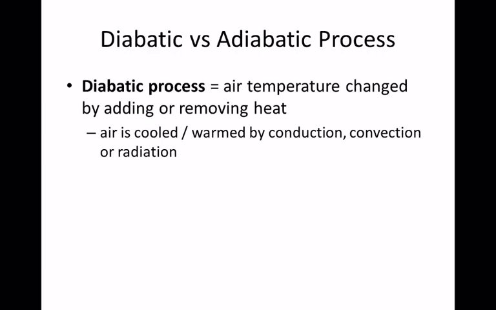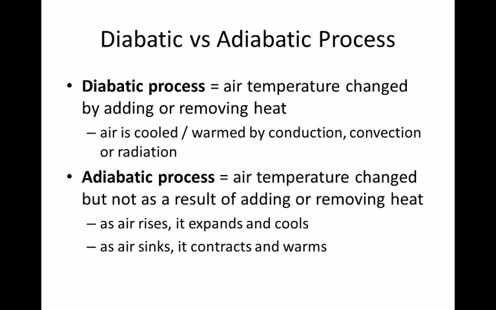Basically, you're infusing it from the outside. An adiabatic temperature change is one in which the system is changing its temperature in and of itself. There's nothing crossing the boundaries. That's an adiabatic process.